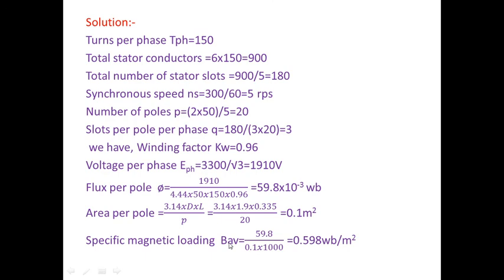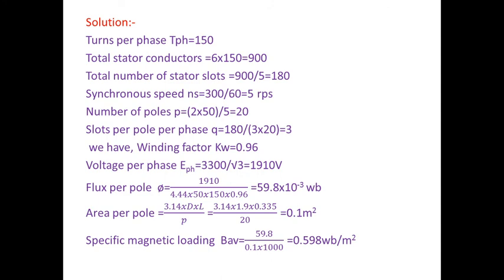So specific magnetic loading BAV is given by flux phi, 59.8, where the 10 to the power minus 3 I have taken in the denominator, divided by the area per pole, which is 0.1 meter square.